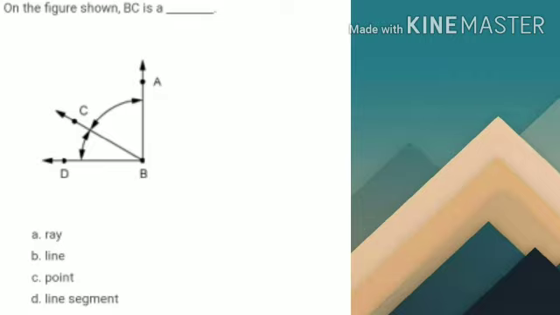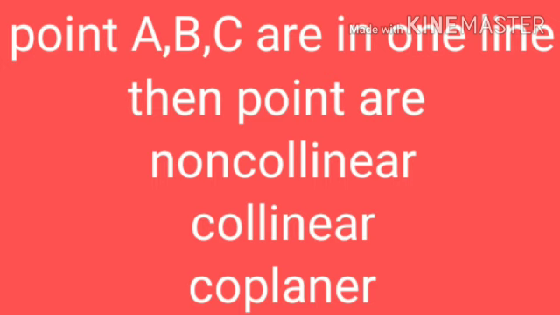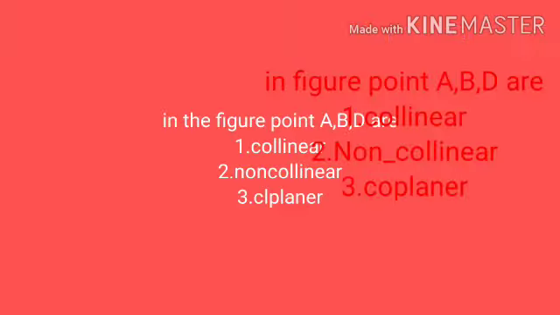Okay. Next question is, identify the figure below. This figure is a ray, line or line segment. Okay. Next is, points A, B, C are on one line. Then the points are collinear, non-collinear or coplanar.